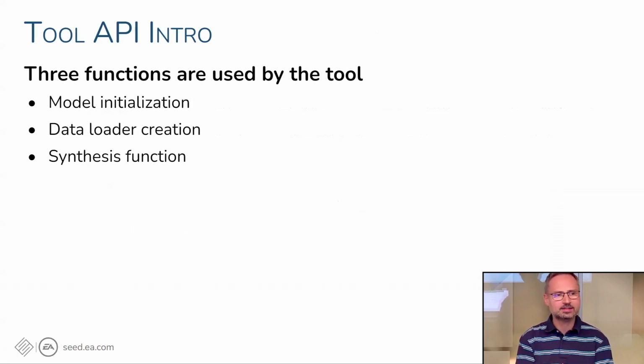And finally, the synthesize single variation, or the synthesis function, I would call it here, takes as input parameters, amongst various configuration and debugging options, the model configuration and the data loader that have been instantiated by the previous API calls. And now it's time to talk about the tool design.